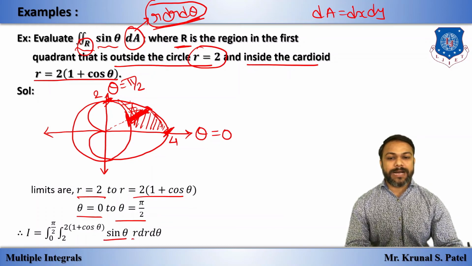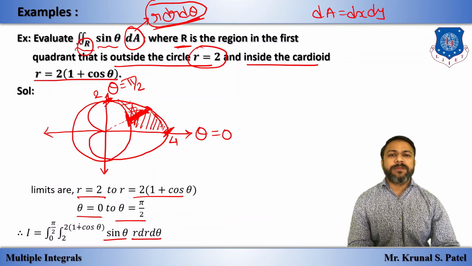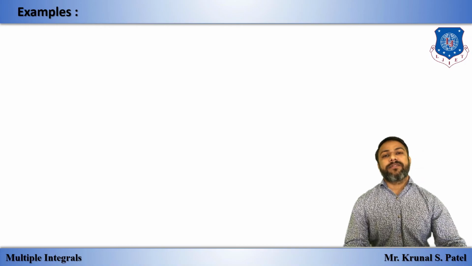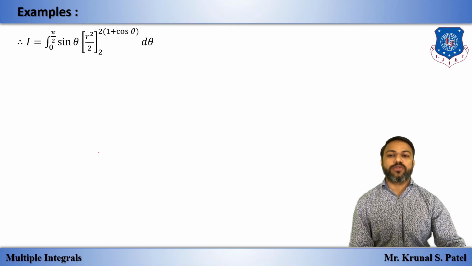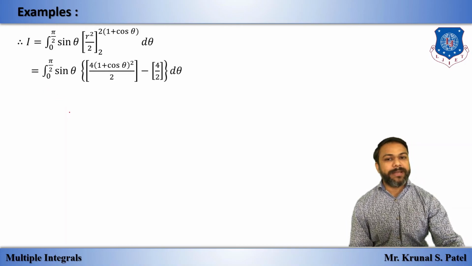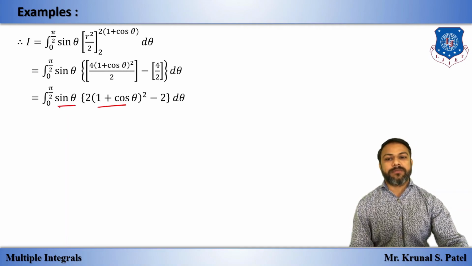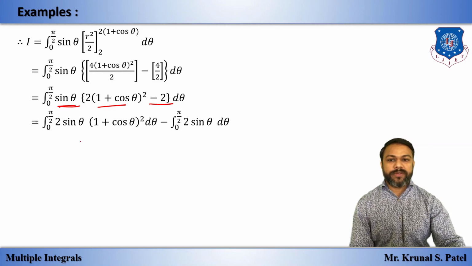And dA is, as I told, r dr d theta. Simple. Integrate with respect to r first, then with respect to theta. So r squared by 2, upper limit minus lower limit, and by simplifying and multiplying this sine with this, we have two different integrations.